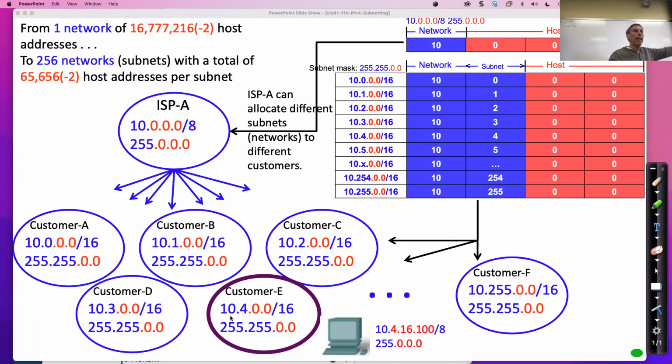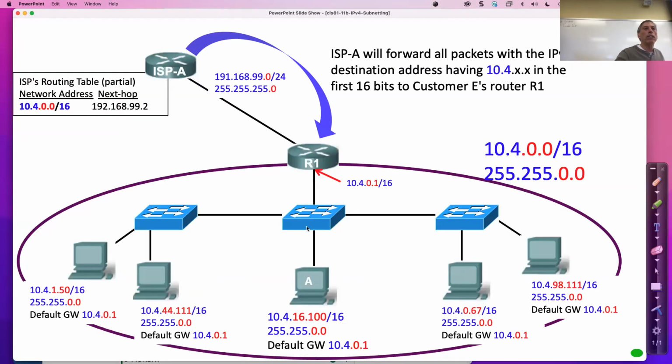That came from their ISP. Can't touch that. They can touch the host portion. So let's take a look at what they can do. So here's our 10.4.0.0 network.